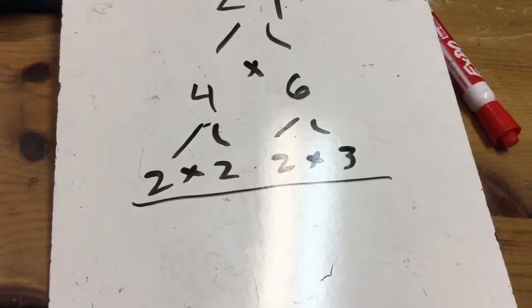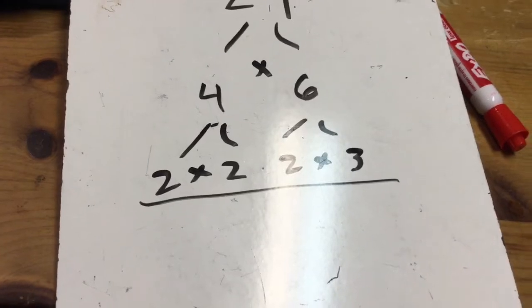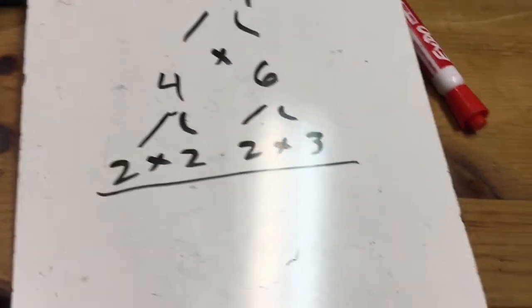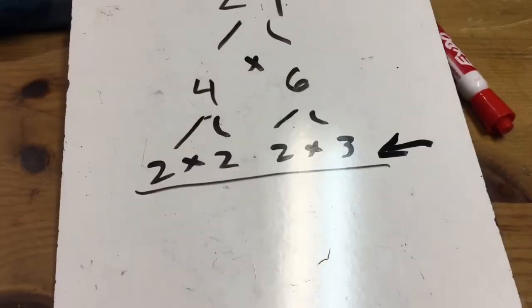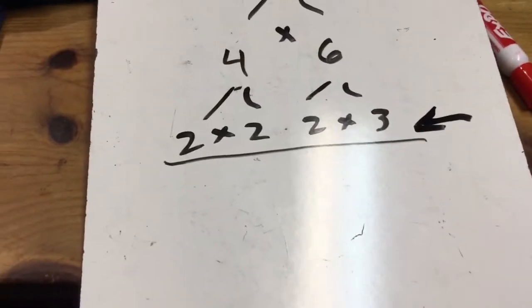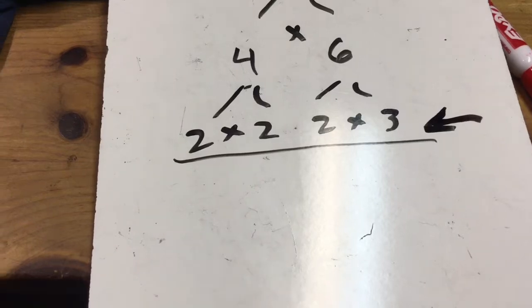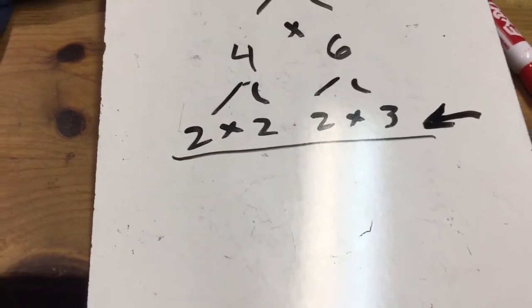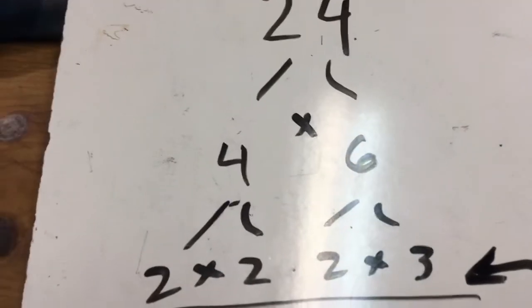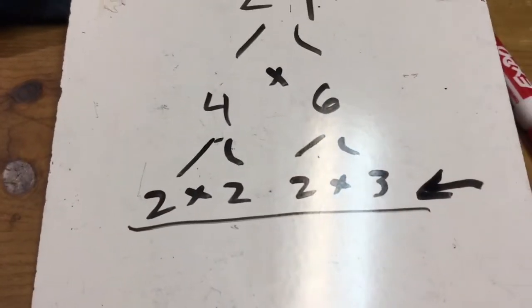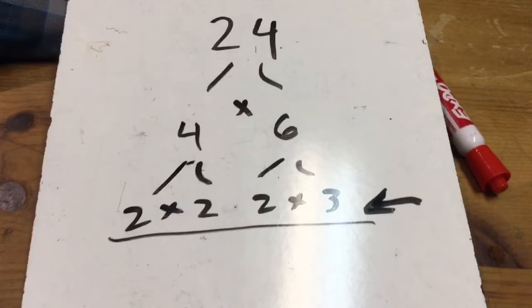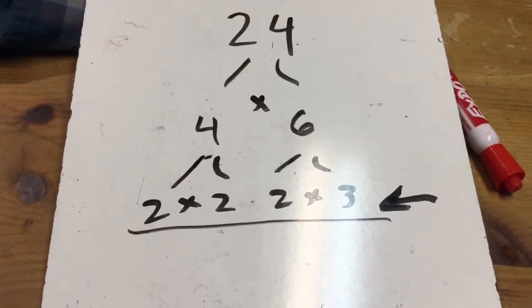Okay, notice my last row. They're all prime numbers. 2, 2, 2, and 3 are all prime numbers. When my last row is full of prime numbers, I'm done, and that's the bottom branch of my factor tree. Notice here, 4 times 6, those weren't prime numbers, so I had to keep splitting until all I had left was prime numbers, like 2.